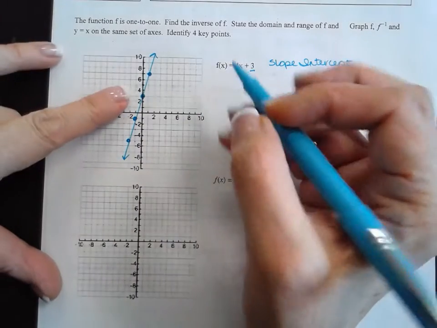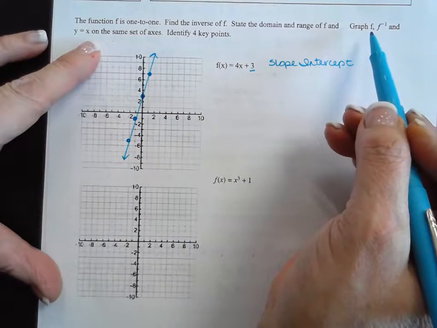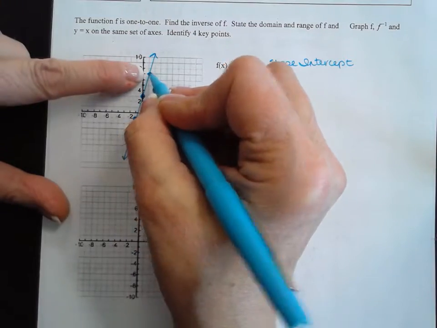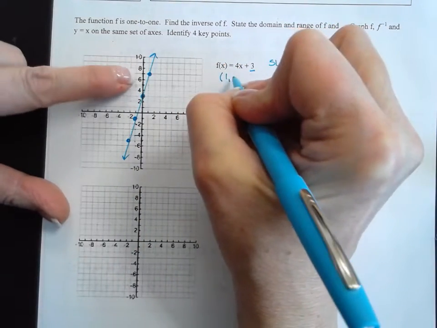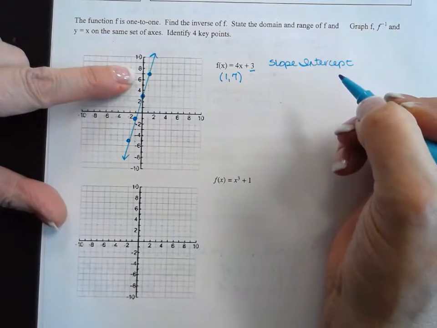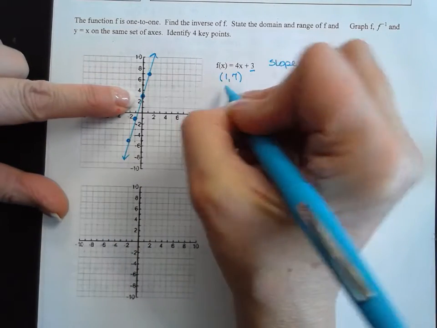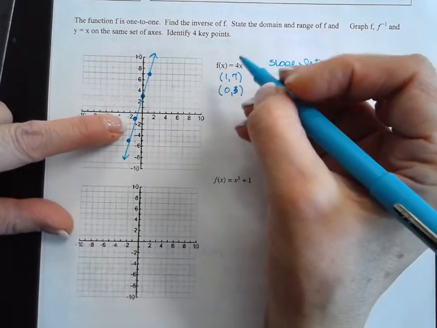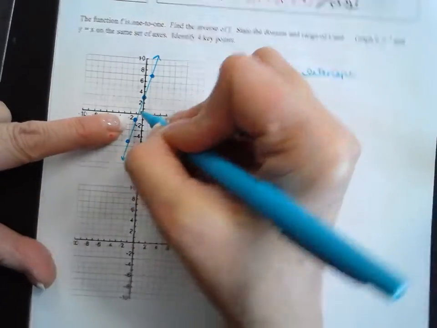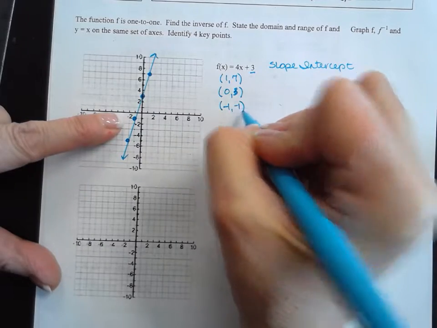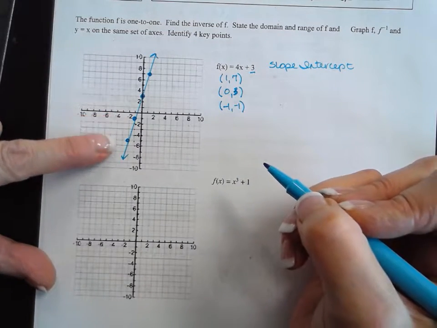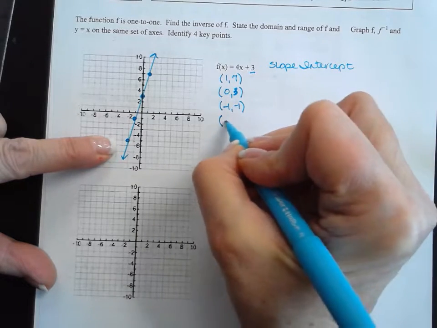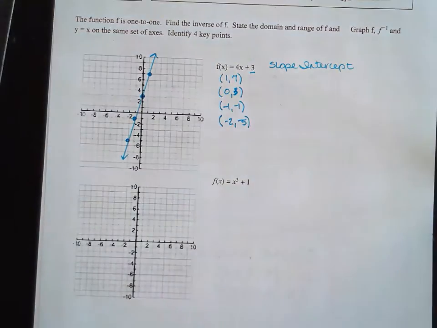Okay, so now I can graph my inverse. So the first point I have 1, 7, my second point I have 0, 3, my third point I have -1, -1, and my fourth point, I have -2, -5.